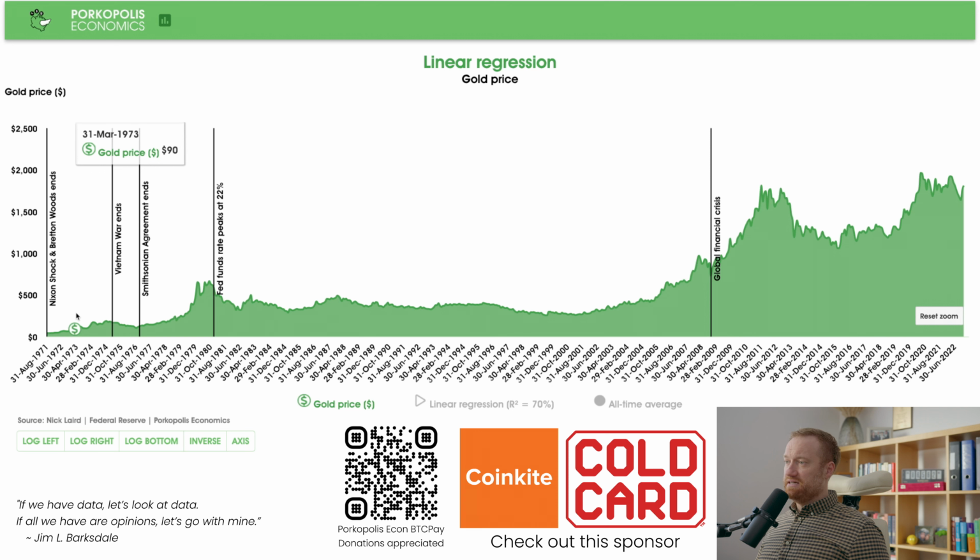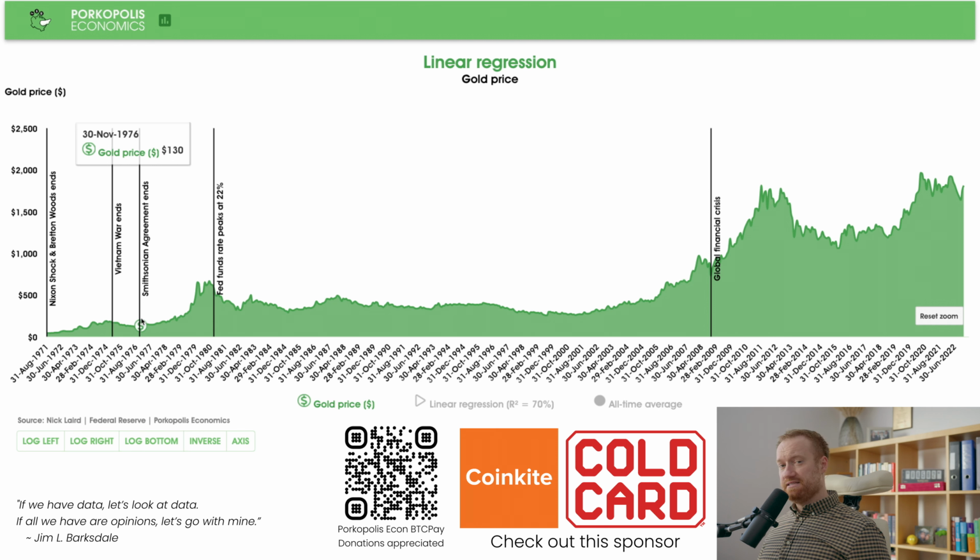And here we see when the Smithsonian Agreement ended, what was gold's price? It was actually $123. And what is this price representing? It's per troy ounce. That's the typical way to measure gold. So at the time the Smithsonian Agreement ended, gold was about $123 per ounce. And remember what I told you the statutory definition of gold is today.